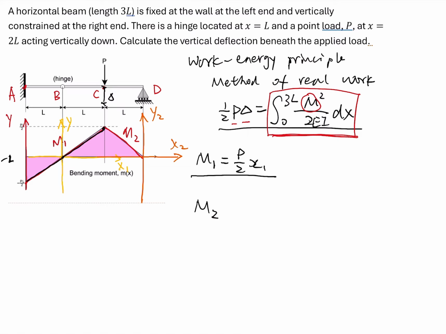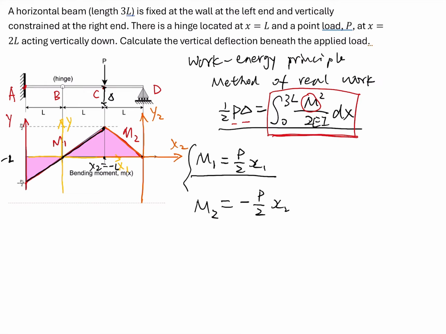Based on this new system, the origin is at point D, and M2 is this line. We can easily express M2 as negative P over 2 x2. When x2 equals 0, the bending moment equals 0. When x2 equals negative L, we plug in and M2 equals PL over 2.